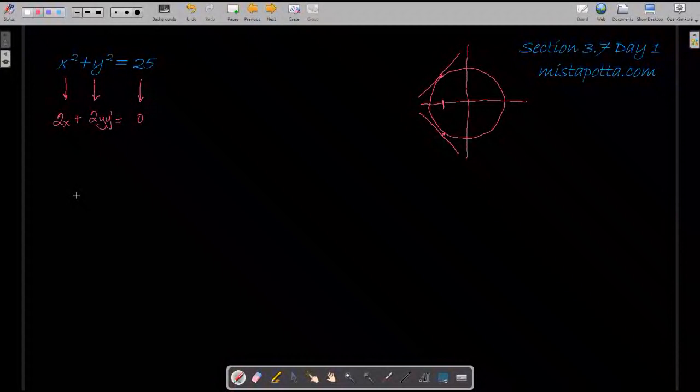And then at this point, all I need to do is solve for y prime. So I'm going to move the 2x over to the other side and then divide both sides by 2y.